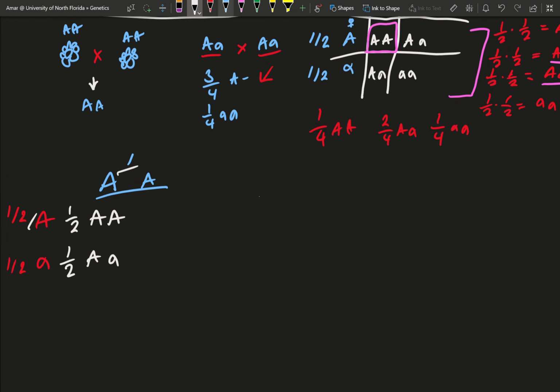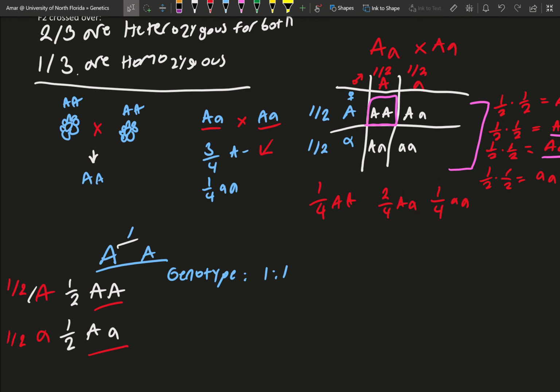So in this situation, they have different genotypes. The genotype frequency or ratio, we can say is 1:1. But phenotypically these individuals are the same. The phenotype will just all be big A. So basically, this is the way you can perform the crosses.